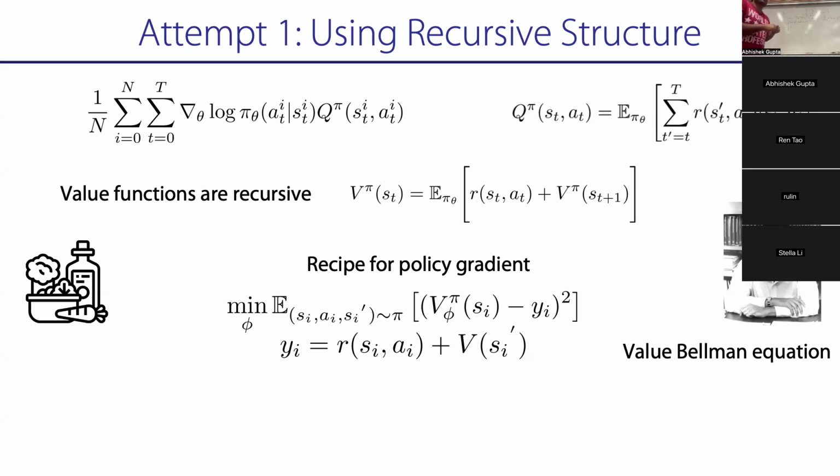Does that make sense as a procedure? Now, the weird thing about this procedure is that it is not supervised learning. Every time you do regression, it is supervised learning, but then you change your supervised learning problem. You construct targets, you do regression, and then you change V again, right? You're solving a series of supervised learning problems, but it's not like supervised learning where you're just doing gradient descent or ascent on a single objective.